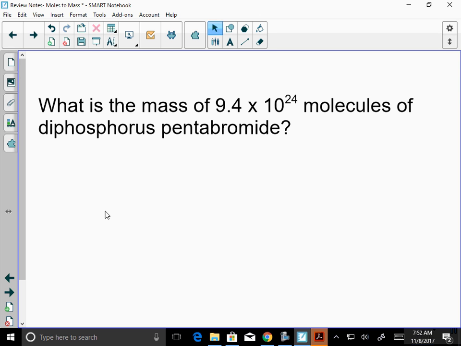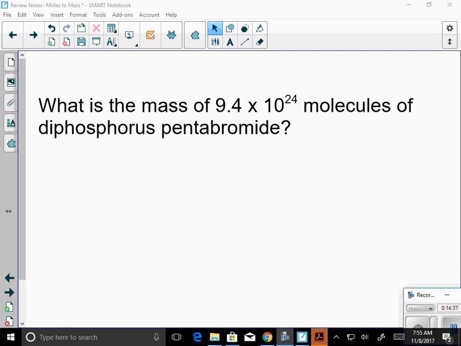What is the mass of 9.4 times 10 to the 24 molecules of diphosphorus pentabromide? What I would want you to do then, after you get that, we're going to need the molar mass eventually. So go ahead and calculate the molar mass of diphosphorus pentabromide, and then we'll work the problem.